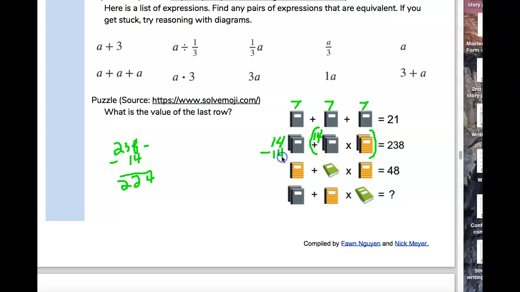We subtracted 14 from this side, and we got 224. So we know, if we take that 224 and divide it by 14, we should be able to find out what the yellow is. Let's see.